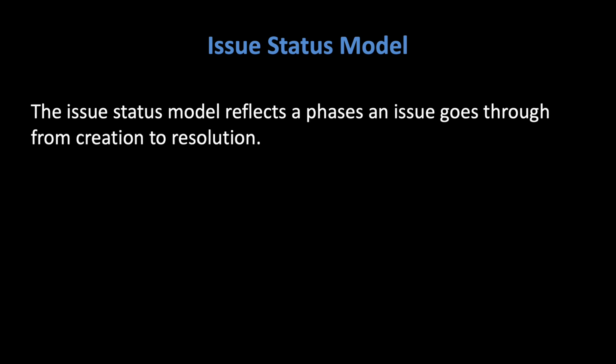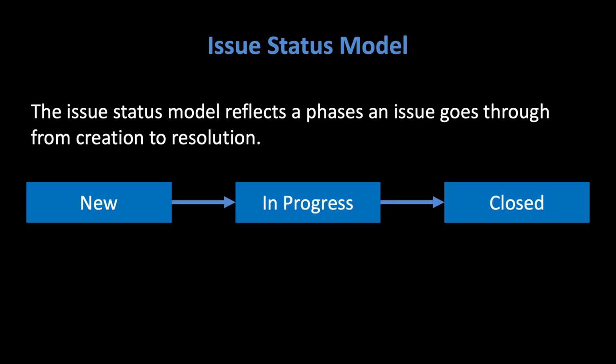There is a very similar challenge of balancing the amount of information when it comes to the status model of issues. That reflects the phase an issue is currently in and has to go through from creation to resolution. And the bare minimum is the 3 statuses shown here.